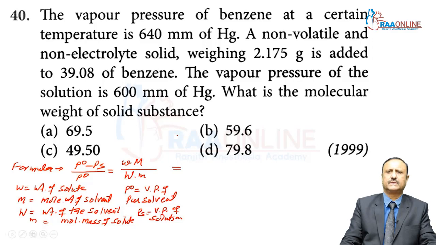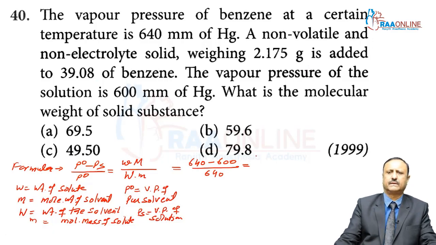Here you can see the vapor pressure of solution is 600 and vapor pressure of benzene is 640. So, you can put here 640 minus PS, vapor pressure of solution is 600, put the values. 640, small w, weight of solute. Here you can see 2.175 gram is added to 39 gram of benzene.